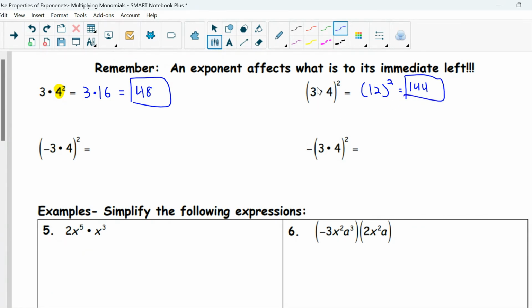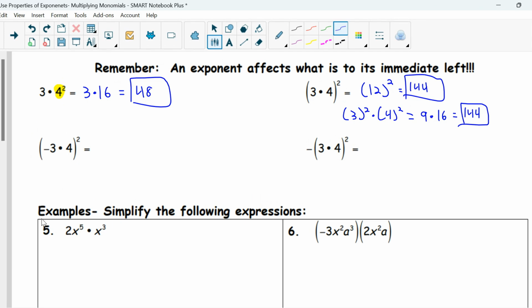Or you can raise both of your terms to the second power. So you could do 3 squared times 4 squared, which would just be 9 times 16, which would also give you 144. In that case, it does not matter at all.